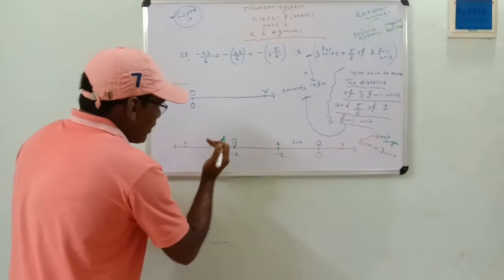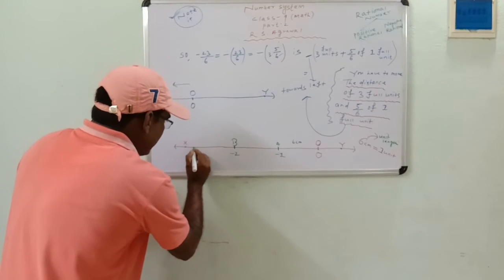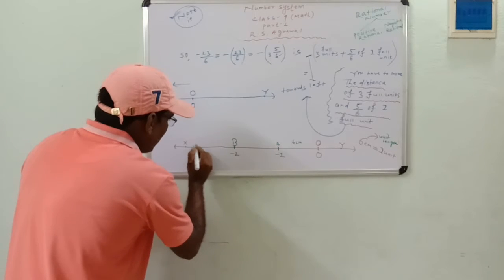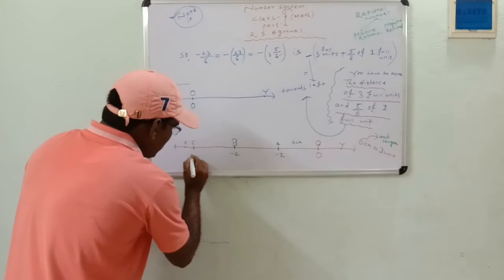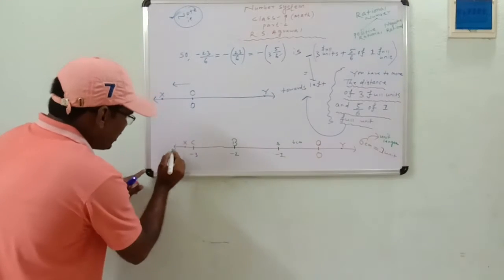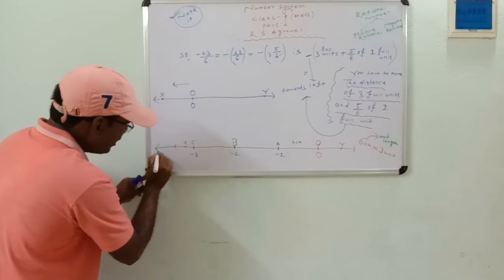Similarly, from point B to C, it is also 6 cm or 1 unit distance, and it will represent the rational number minus 3. Now extend it, because there is no space here, so extend it.